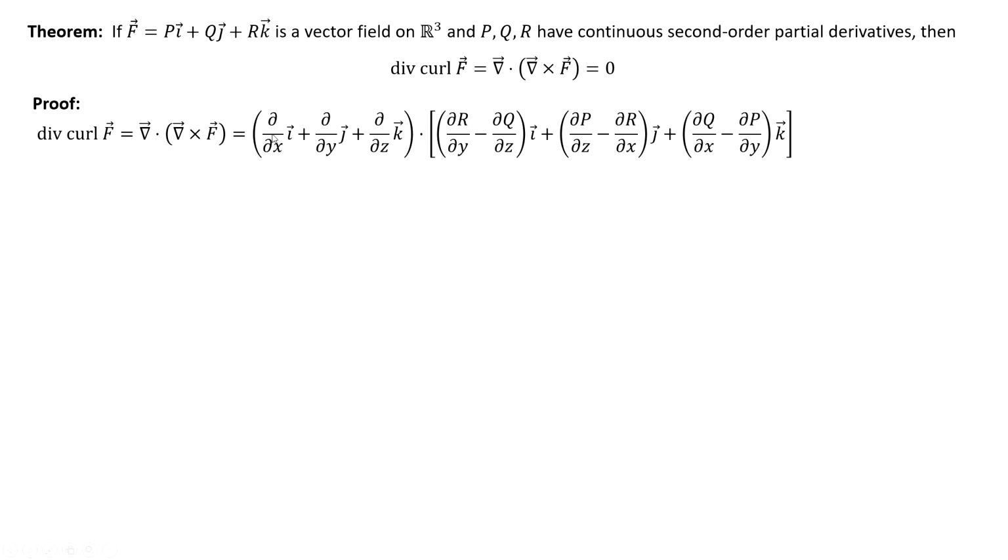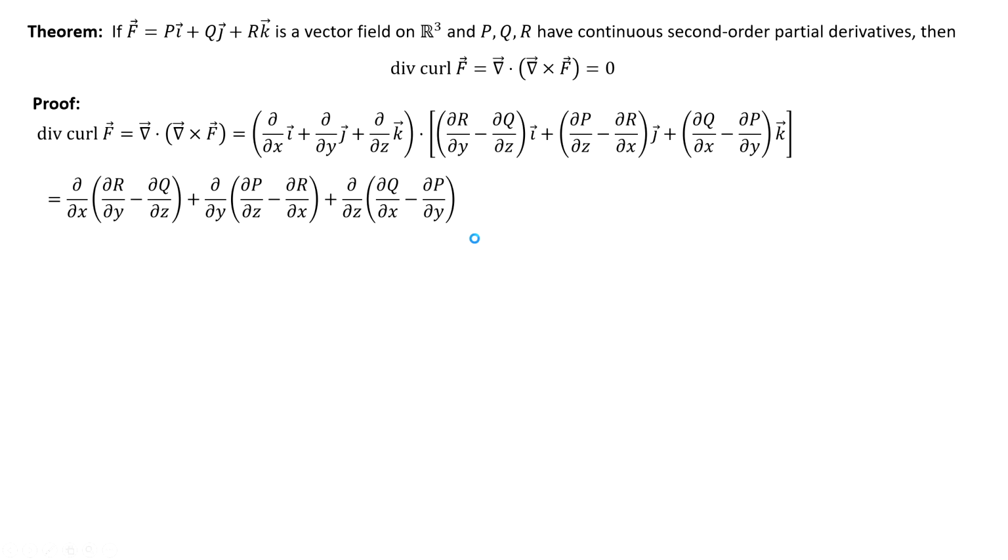Well, the i component of the first vector times the i component of the second vector, plus the j component times the j component, and so on. So that's what I did. Partial with respect to x of, when we say times here, we actually mean the derivative of the first component, plus partial with respect to y of the second component, and so on.